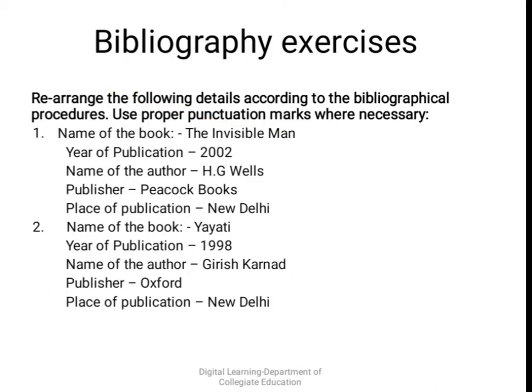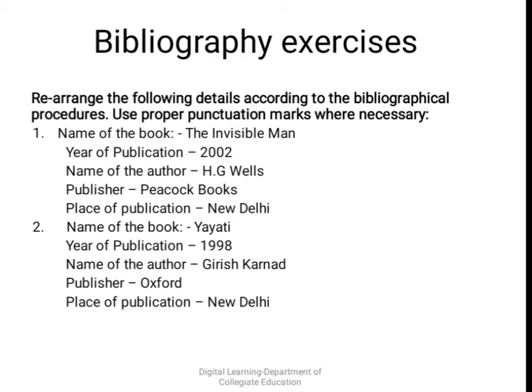Look into the further bibliography exercises. Rearrange the following details according to the bibliographical procedures. Use proper punctuation marks where necessary. So this is given like this. Name of the book, The Invisible Man. Year of publication 2002.